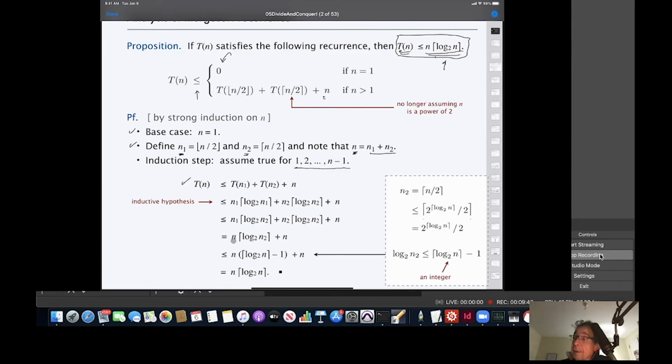Now we can again make a similar argument as the one we made in the previous proof, and let's write n sub 2 as the ceiling of n over 2. Then n over 2 can be written as 2 to the logarithm base 2 of n, the ceiling, over 2.